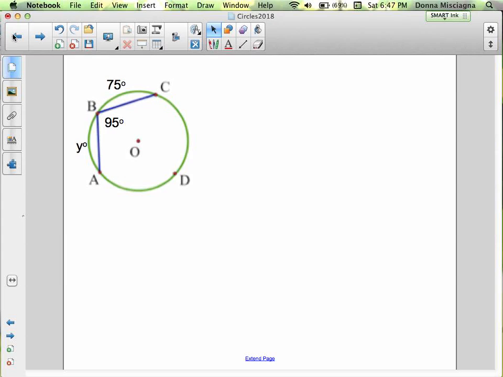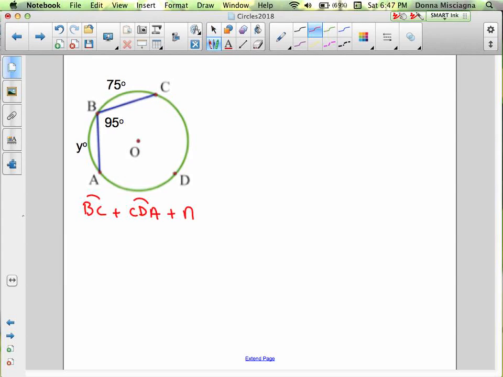All right, so we already know BC. Together, arc BC plus arc CDA plus arc AB equals the whole circle. It equals 360 degrees. We already know BC, that's 75 degrees.